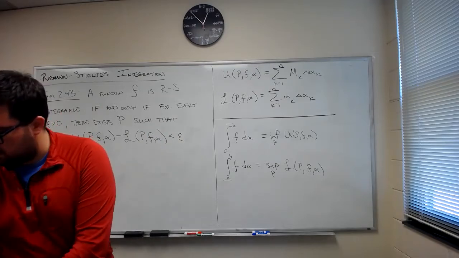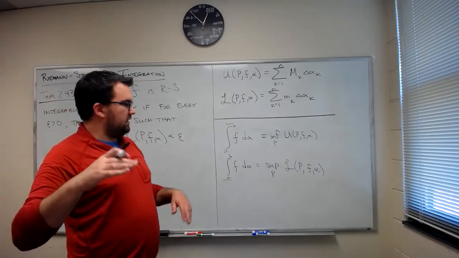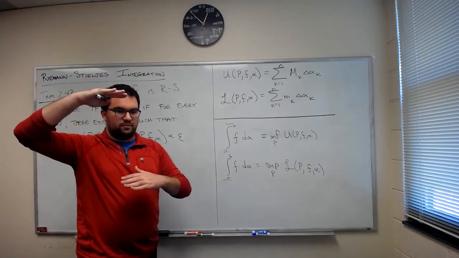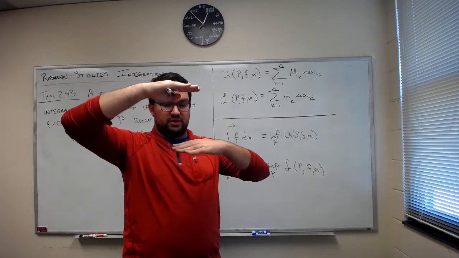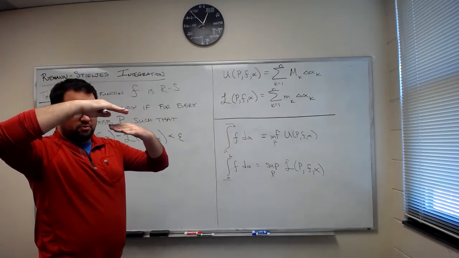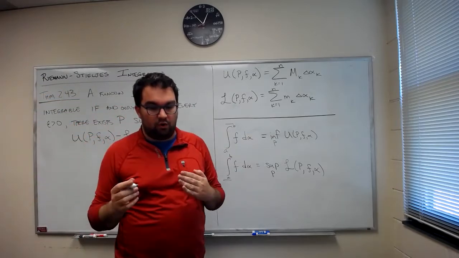Okay. So, right, the idea here is that, in some sense, the function will be integrable if I can choose a partition to make the upper and lower Darboux sums as close as I want. Okay.